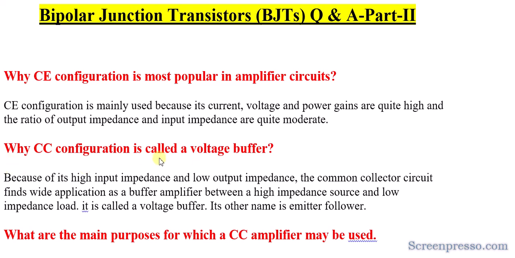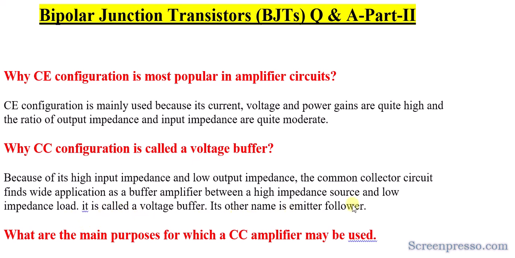So why is CC configuration called a voltage buffer? This is a very important thing to understand, because CC configuration is frequently called a voltage buffer. Because of its high input impedance and low output impedance, the common collector circuit finds wide application as a buffer amplifier between a high impedance source and a low impedance load. It is called a voltage buffer.